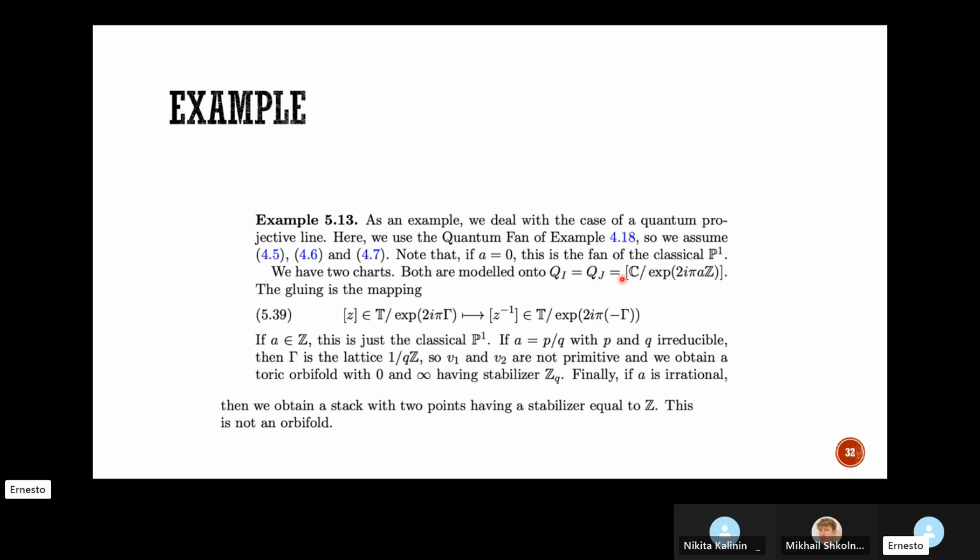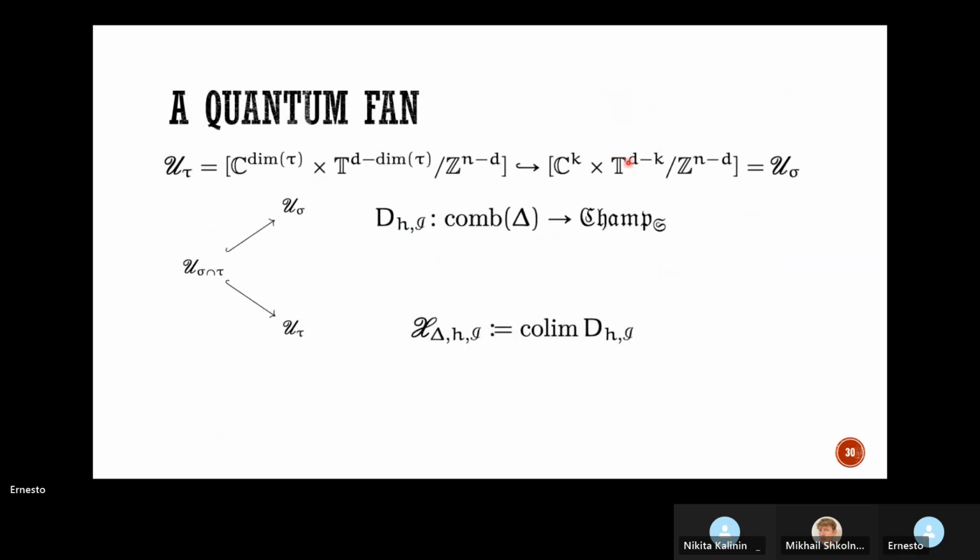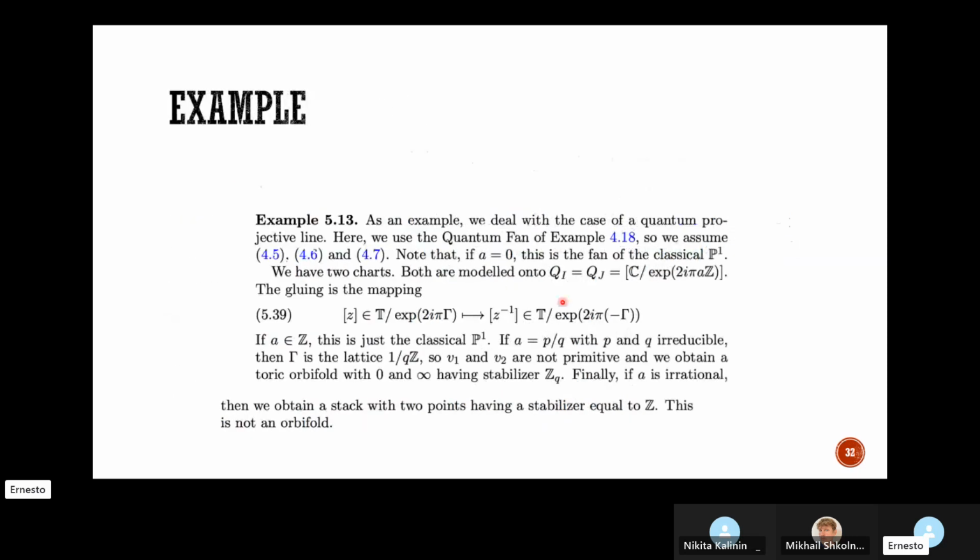And both charts, interestingly, in this case, both charts, this chart and this chart, are, in this case, Z. Notice that if it was C star, it would just be the quantum torus. But I do the typical thing in toric geometry, where every cone defines a torus in a particular presentation.